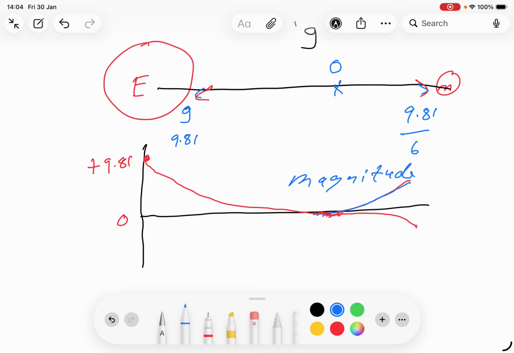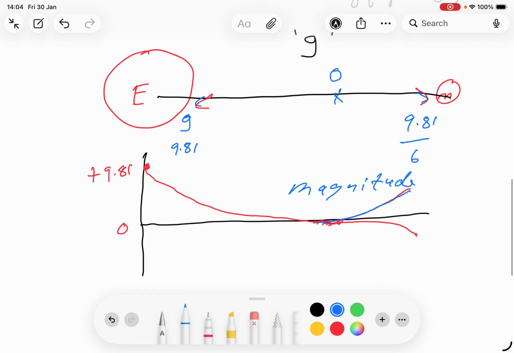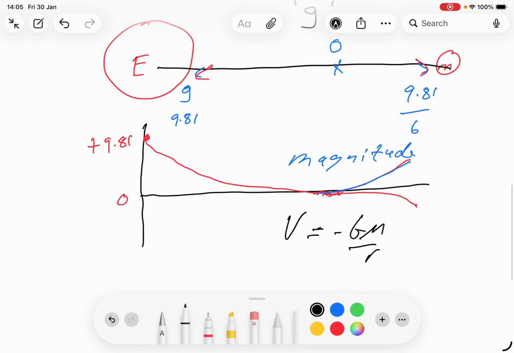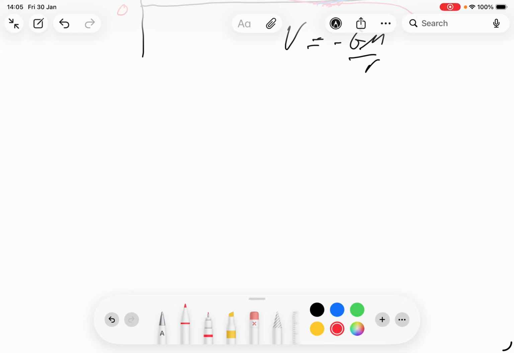What about potential? Well, potentials are scalars. So remember, it's minus GM over r. So it's always negative, it's a scalar, so we're just going to add up the two negative numbers. We're never going to get a 0 point. I think I'll just redraw the diagram. So here's the Earth, here's the Moon.